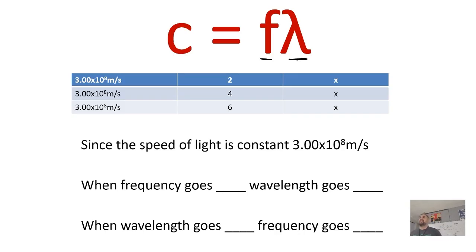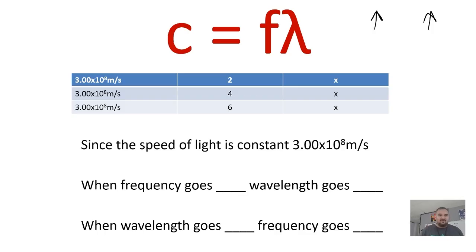If they're on the same side, direct or inverse? Are you sure? All right, so what does a direct relationship mean? All right, so that's correct. Direct means when one goes up, the other one goes up. So if they're on the same side of the equal sign, is that true? That when one goes up, the other goes up?